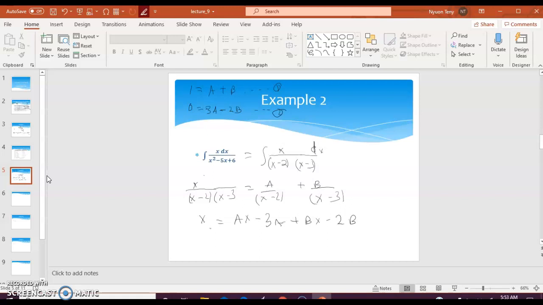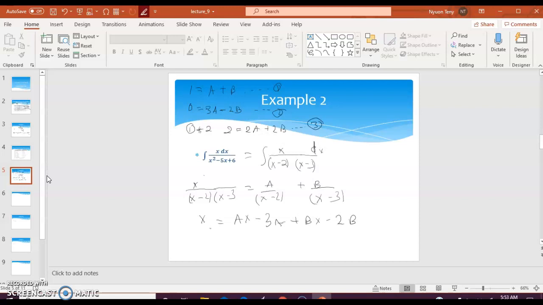So we multiply equation number 1 by 2, and then we get equation number 3, which is 2 equals 2A plus 2B.